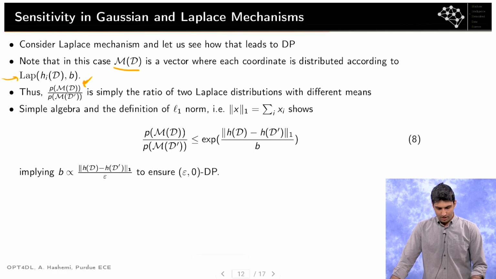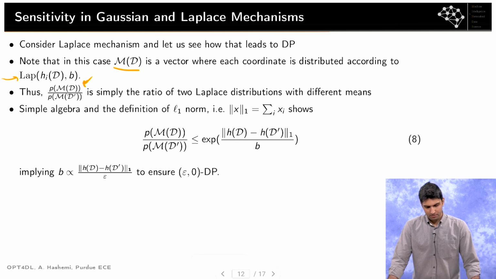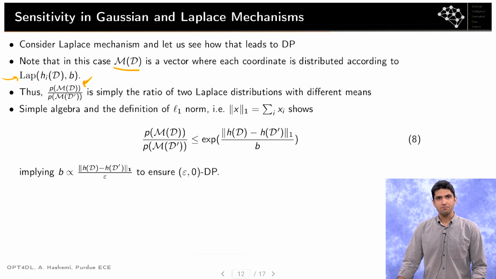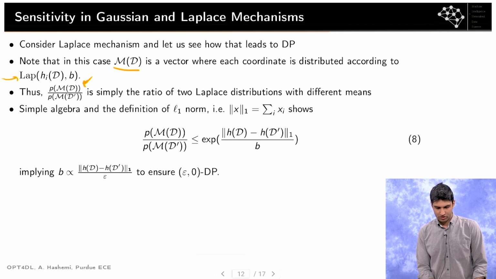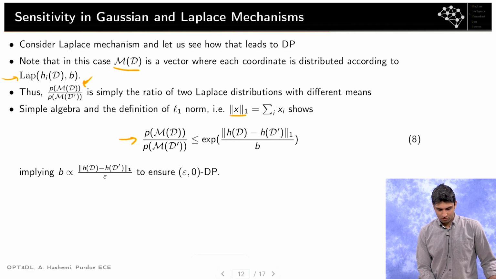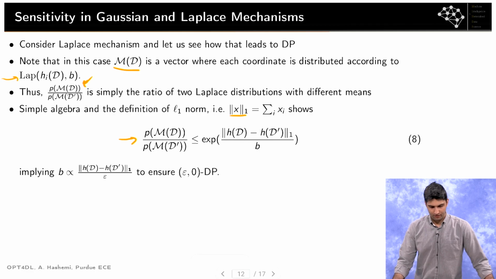Here, this ratio is actually quite simple because we are talking about the ratio of two Laplace distributions with different means. It turns out that with very simple algebra, and also recalling the definition of L1 norm, which says that for a vector, the L1 norm is nothing but the sum of the absolute value of all coordinates, we can bound this ratio in a very elegant way.